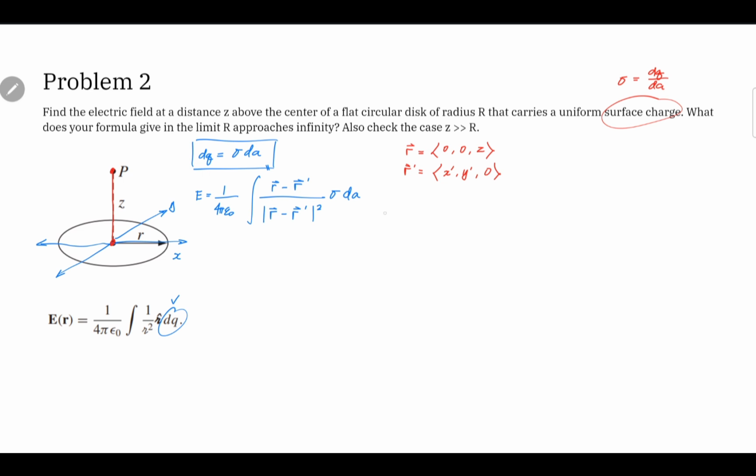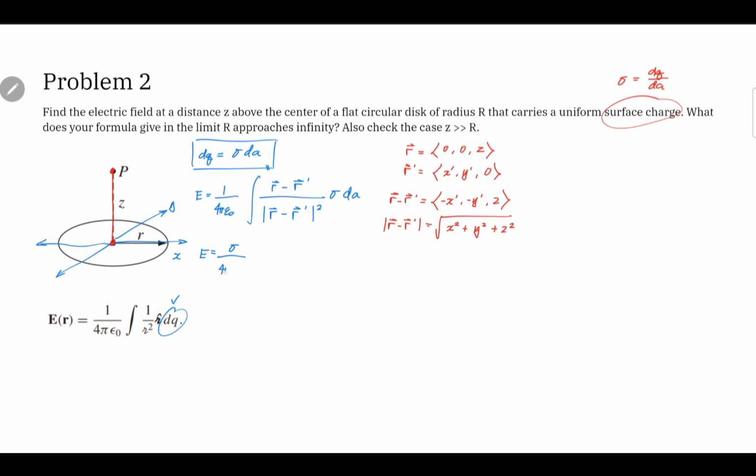Now we can solve for r minus r prime. It's simply going to be negative x prime, negative y prime, and z. And as for our magnitude of r minus r prime, it is simply going to be the square root of x squared plus y squared plus z squared. Next, we're going to substitute those into our equation for our electric field. I'm going to bring out sigma since it's a constant at this point.